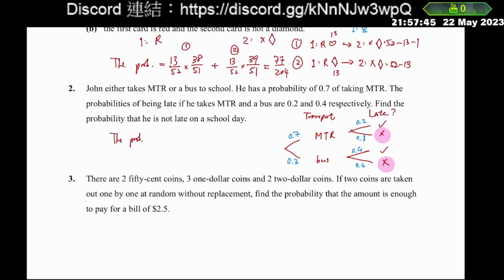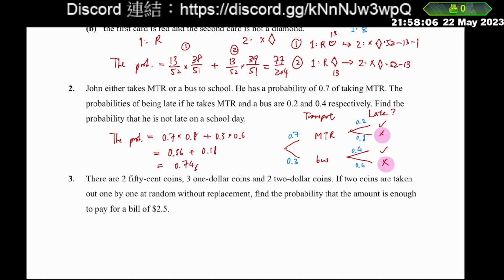I usually write this as the first step: the MTR and then not late, or bus and then not late. And after the calculation, we have 0.56 together with 0.18, therefore it gives us 0.74. So this is question 2.